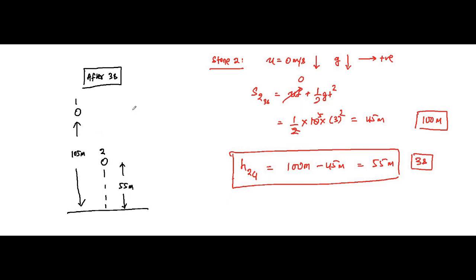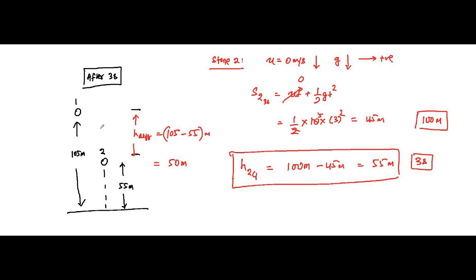So how much is the height difference between them? Okay, the height difference between stone number 1 and stone number 2 is basically 105 minus 55 meters. That is equal to how much? 105 minus 55 is equal to 50 meters.